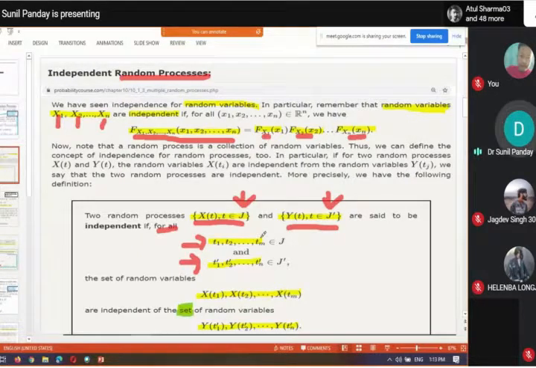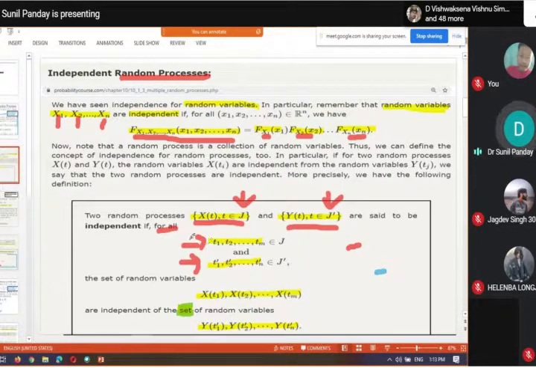This m and n are also not fixed. m can be anything, like 1, 2, 3, up to whatever time stamps are available in this capital J. Similarly in capital J dash.